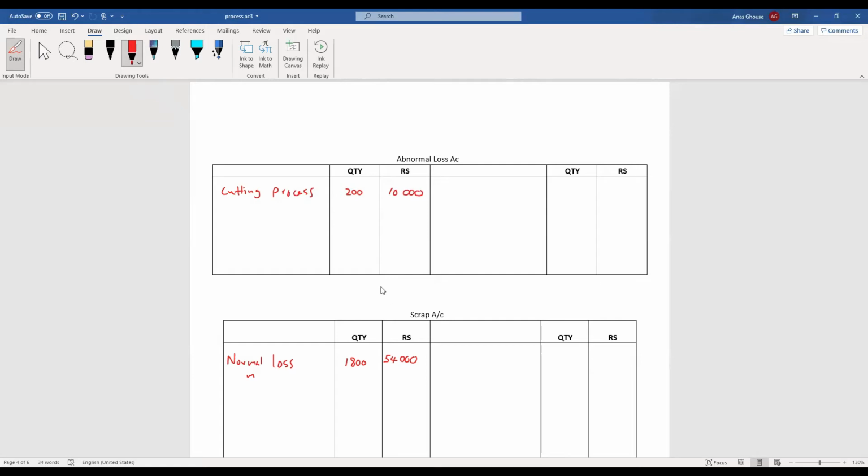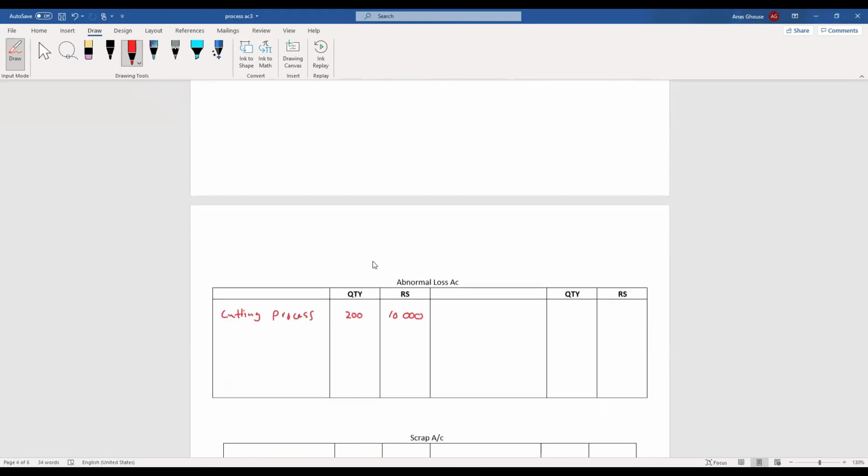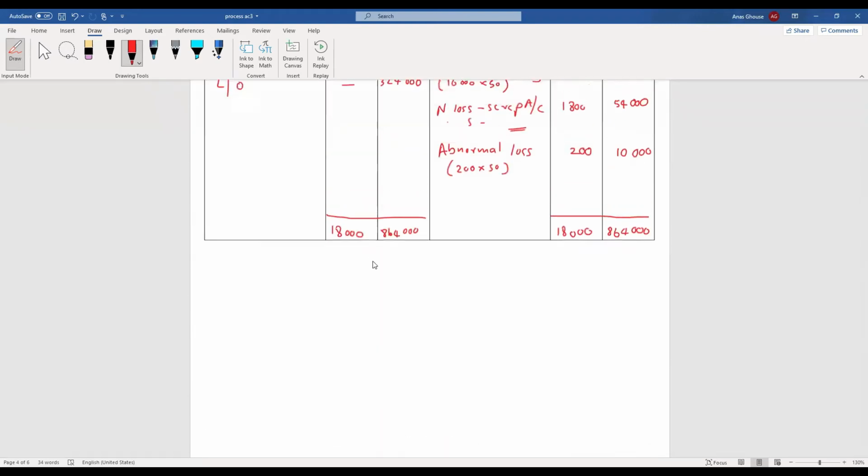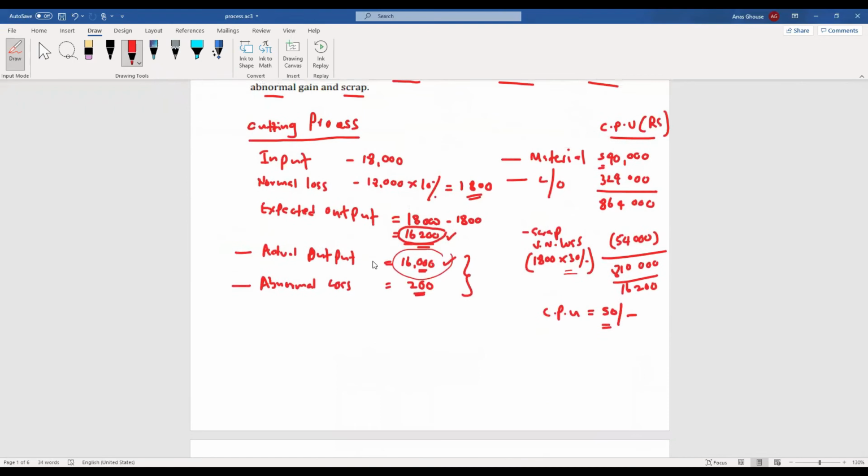Okay, so this is the total abnormal loss. But when you take the total loss from the cutting process, our normal loss is 1,800 and abnormal loss is 200, a total loss of 2,000, which could be sold for 30. The 1,800 we already accounted in the process account, 54,000.